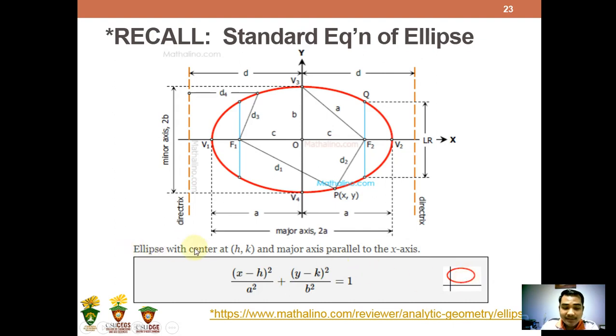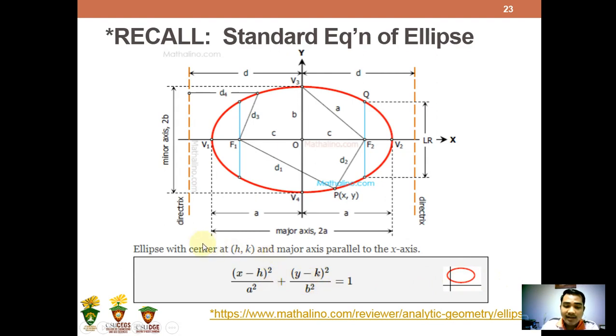And if an ellipse daw, no, having the center at somewhere, what we call h and k. H ani is ang x value and k is ang y value. And the major axis parallel to the x axis. So ang iya daw major axis is parallel to x axis. Mo ni siyang oblate ang forma niya.